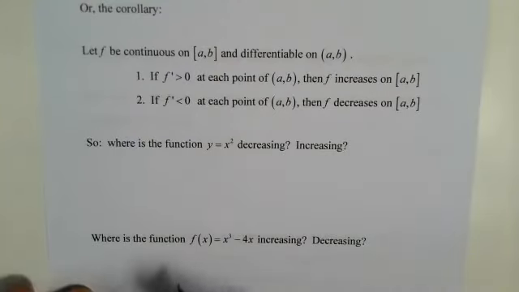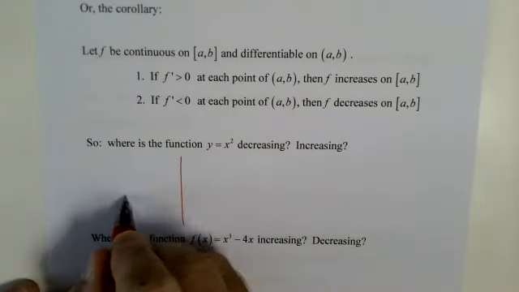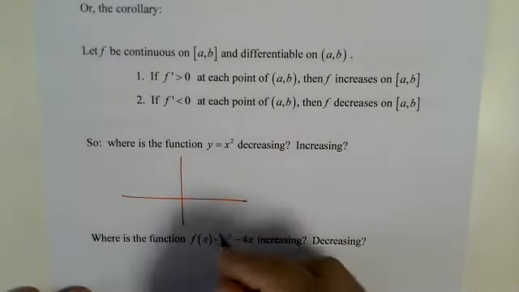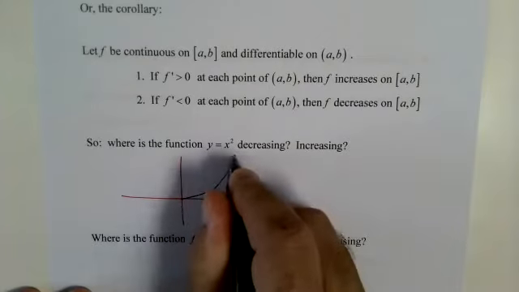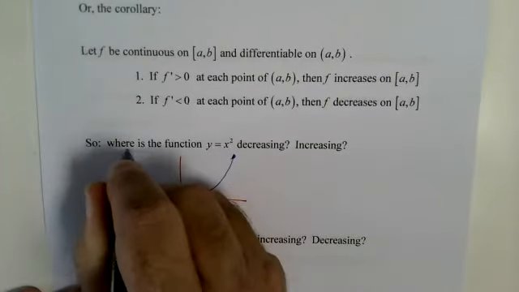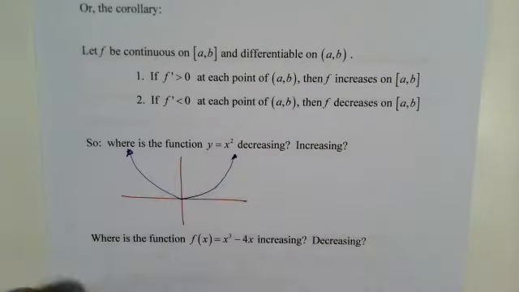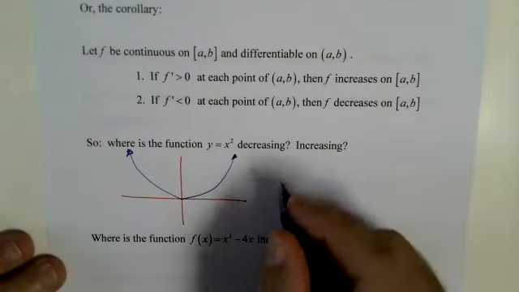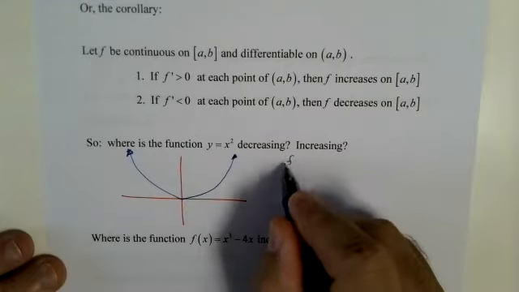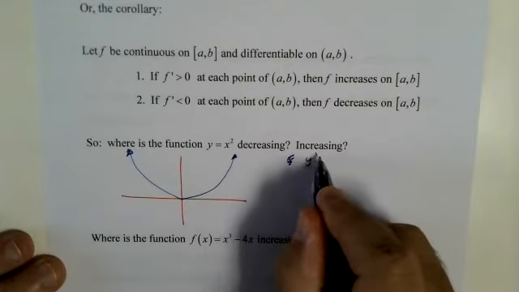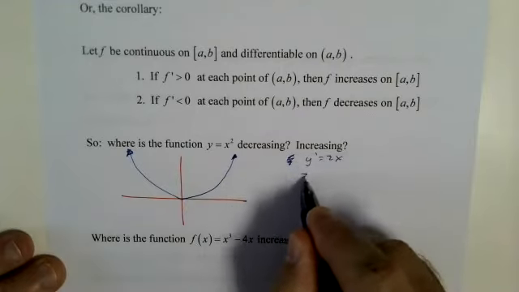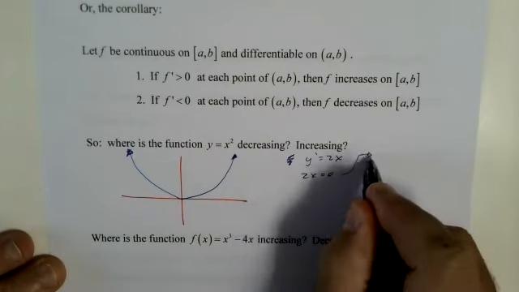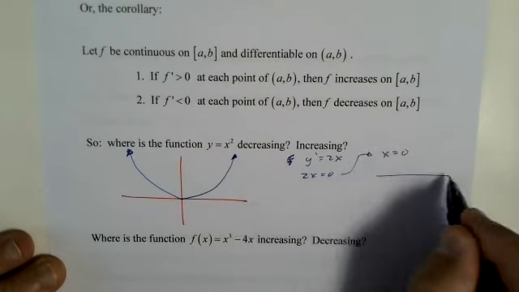So x squared, we would say, well, let's see, y prime equals 2x, 2x equals 0, x equals 0.